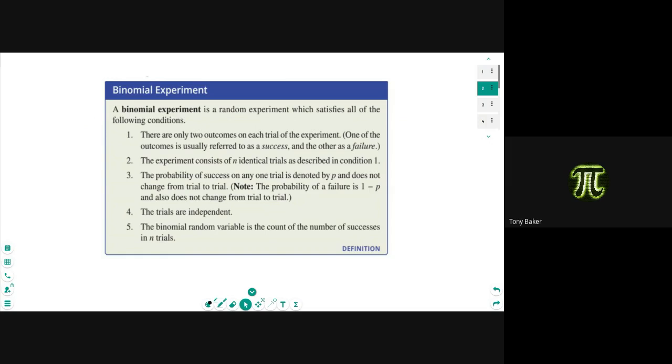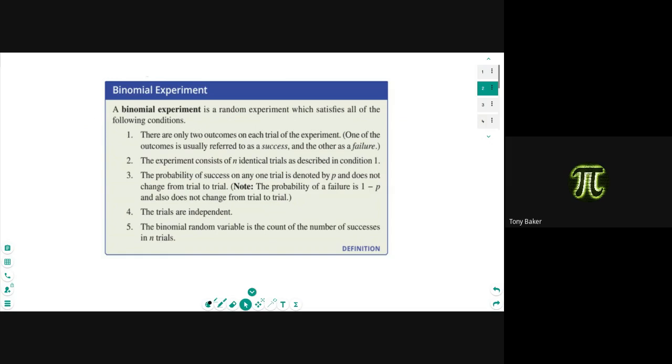The experiment consists of a number of trials, so more than one. The probability of success on any one trial is denoted by P. So that is the probability of success. And the probability of failure is 1 minus P. So basically the complement of it.